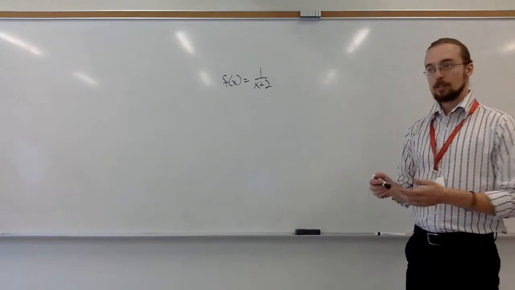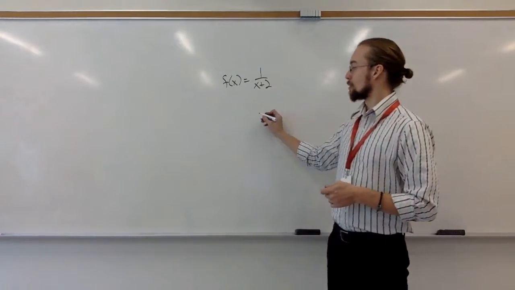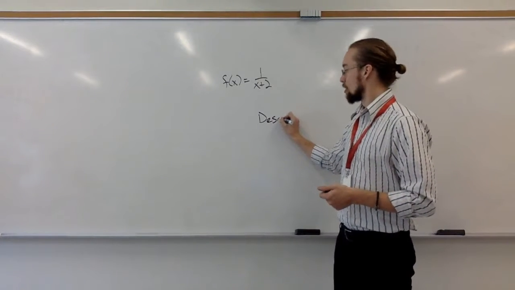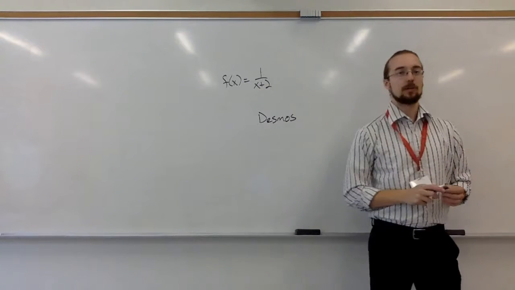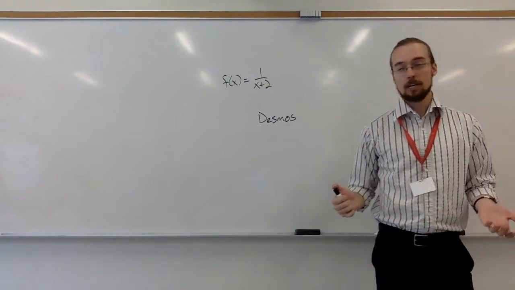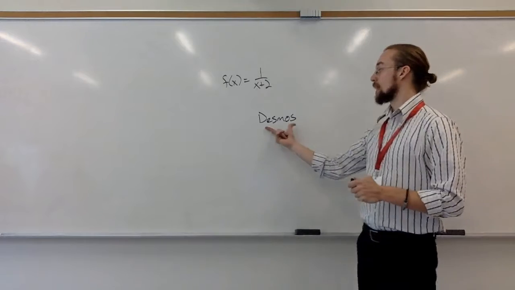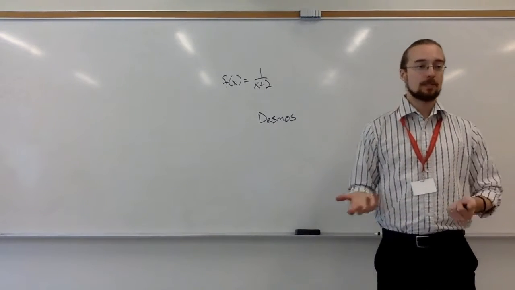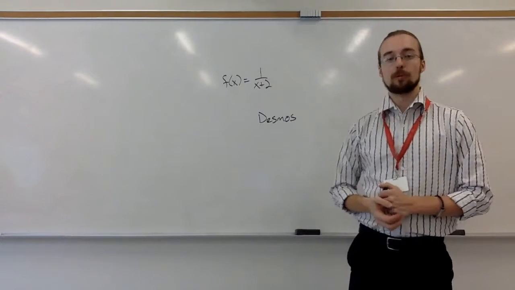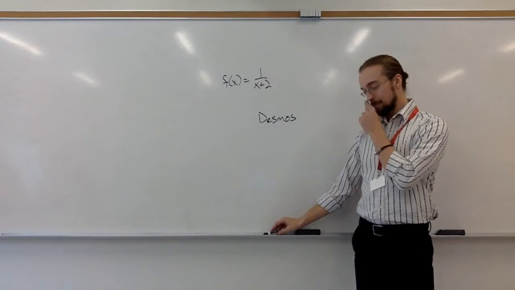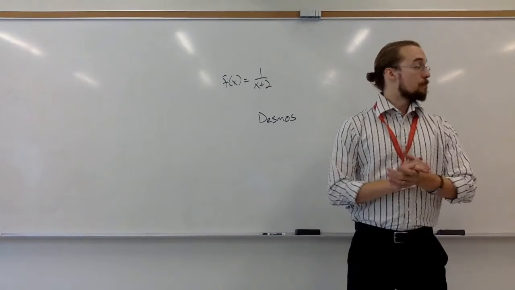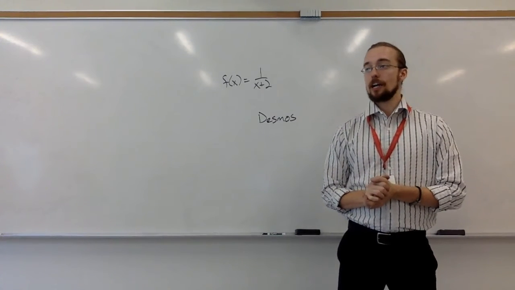Remember, a free graphing calculator, either on your Chromebook or on your phone, is Desmos. You could either go to desmos.com on your Chromebooks, or you could download the Desmos app from the App Store or Google Play, or whatever phone you have. That's pretty much it. Any questions?